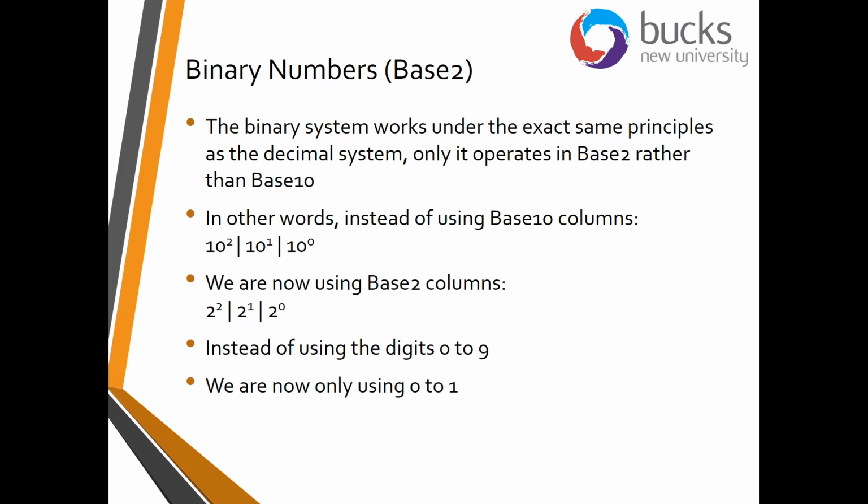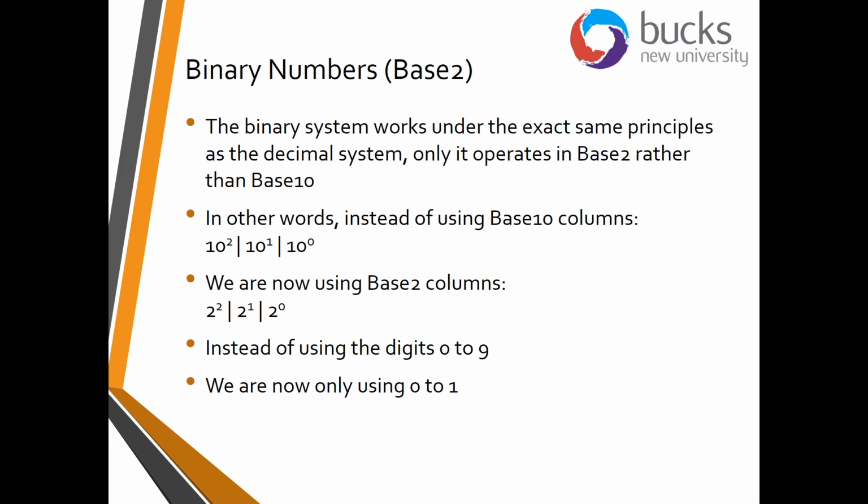Instead of using the digits 0 to 9, we are now only using 0 to 1. So as the numbers increase, moving across from right to left, from column to column, they are going up by a factor of 2. So it's 2 times 2 times 2 times 2 as we move across.